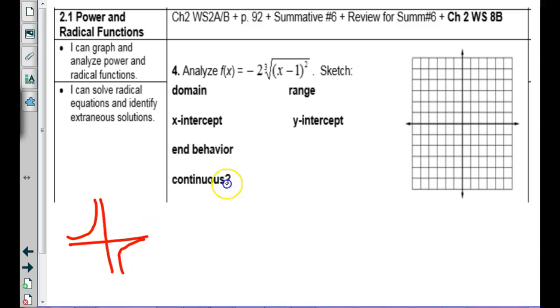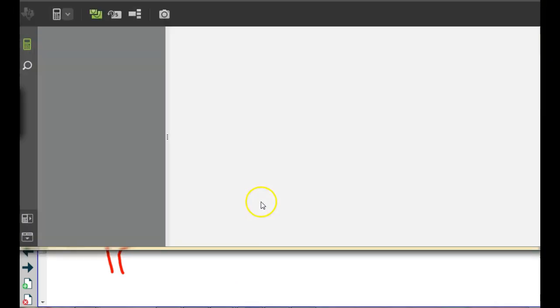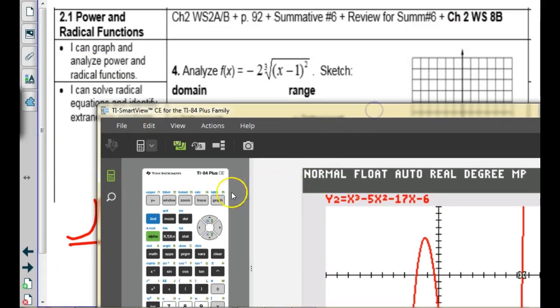All right, this particular one is a little funky to type in. There's an easier way, in my opinion. We could type it in with a to the 2/3 power.